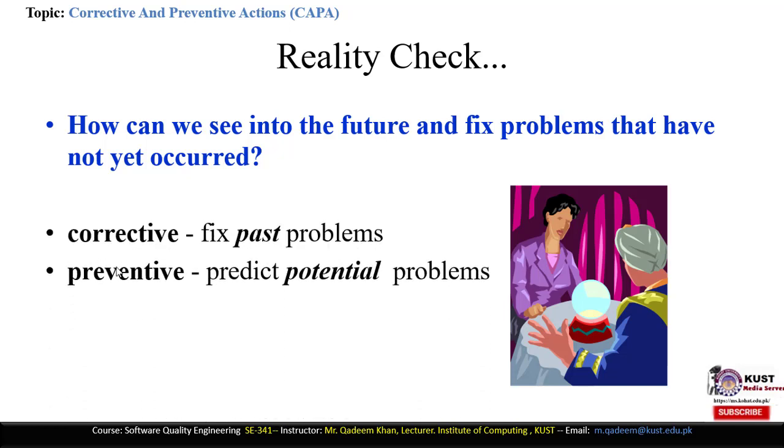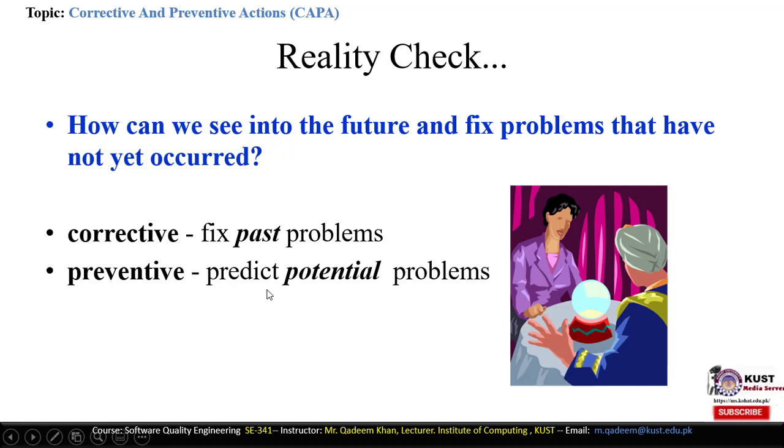So here corrective means to fix past problems, that means those problems which occurred in the past. While preventive means to predict potential problems, those problems that can occur in the future.